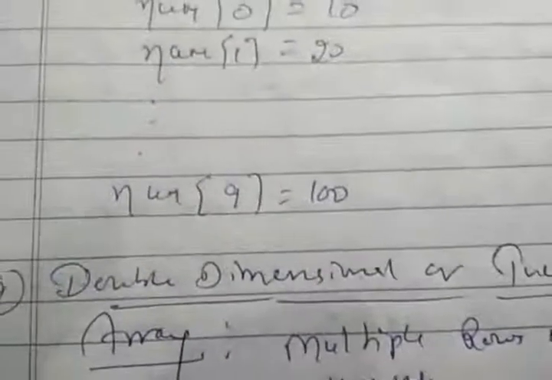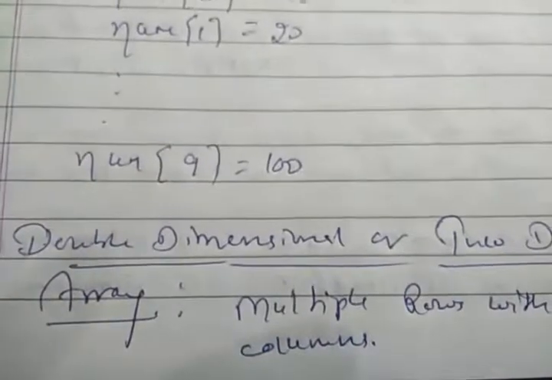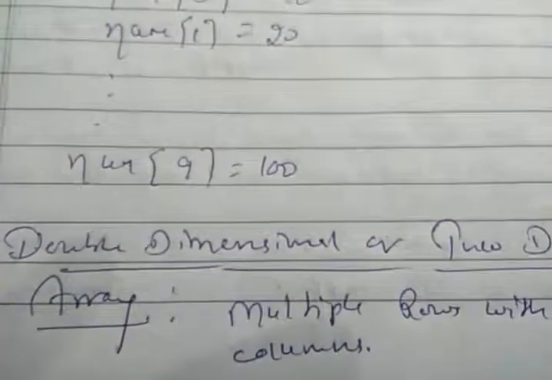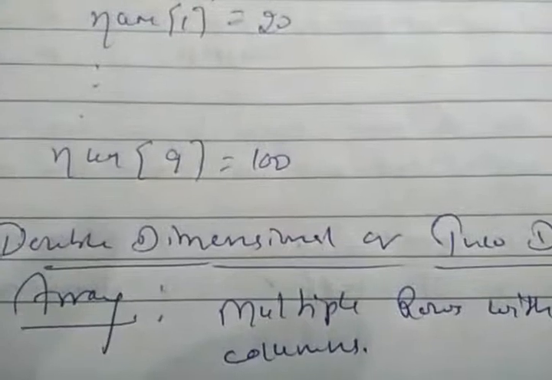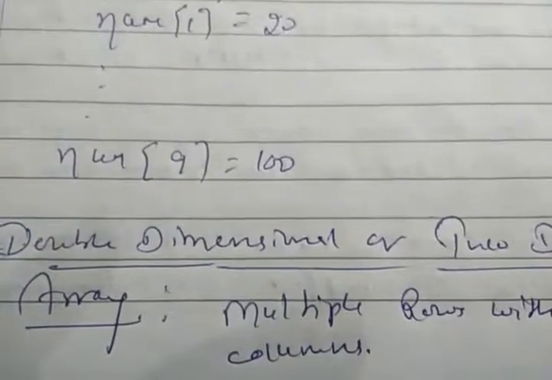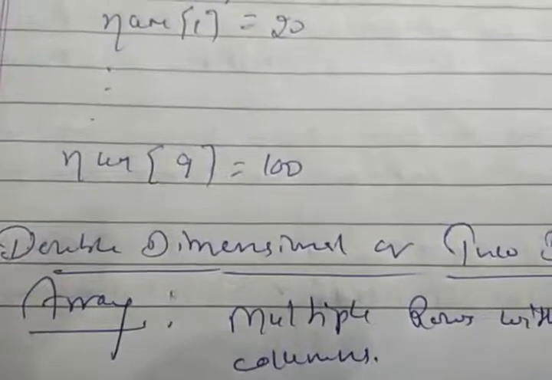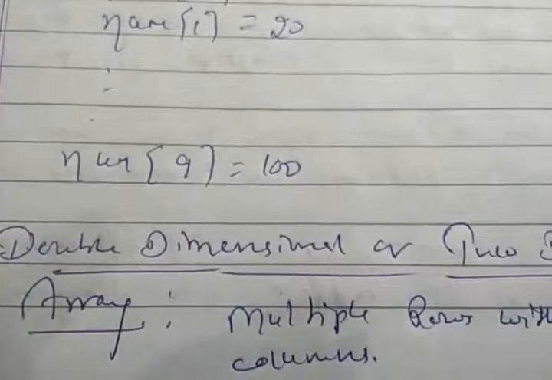And the second one is the multi-dimensional array, and in multi-dimensional arrays the most common example is a two-dimensional array or maybe a three-dimensional array. So a multi-dimensional array will contain multiple rows with multiple columns, and this is mostly used for solving matrices questions of mathematics.